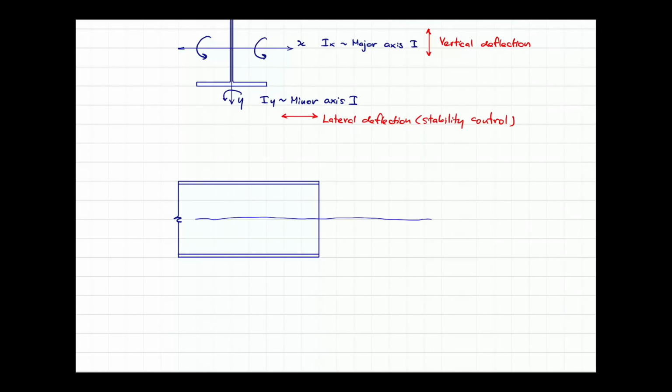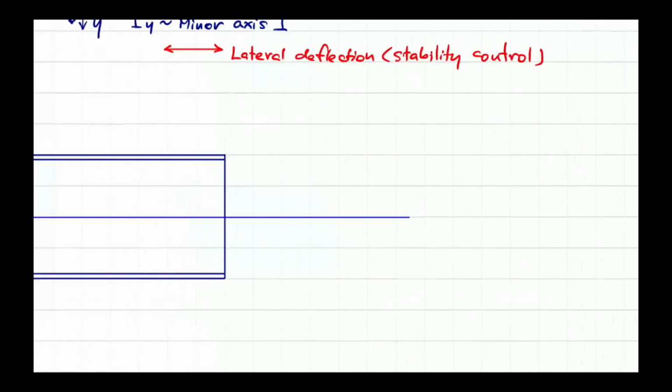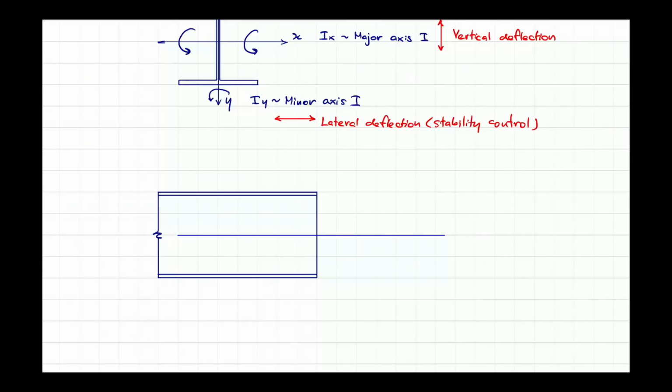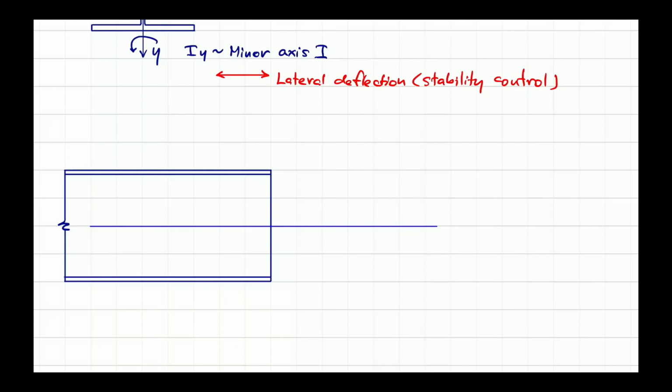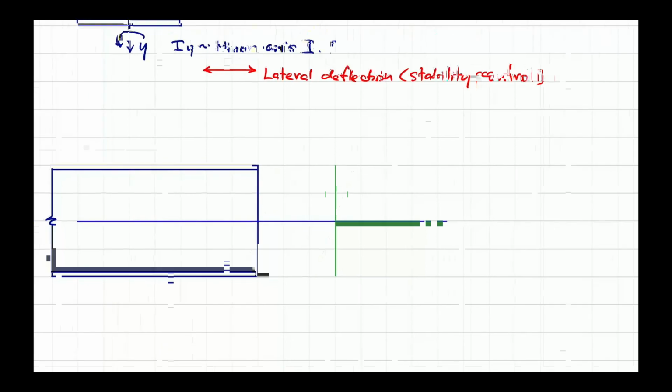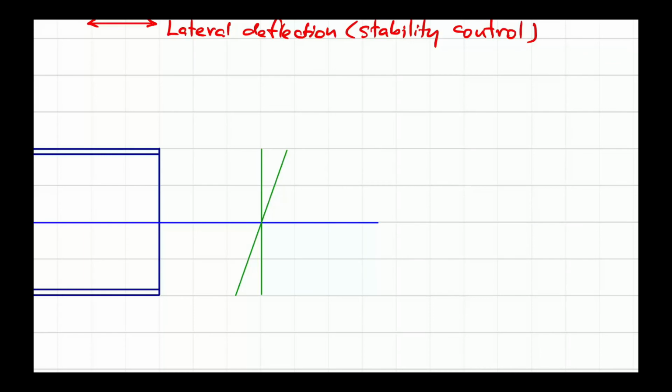Neutral axis is here. So let's look at the limit states of the steel beam under flexure. First, you might have a small moment. Later on, it gets heavier.